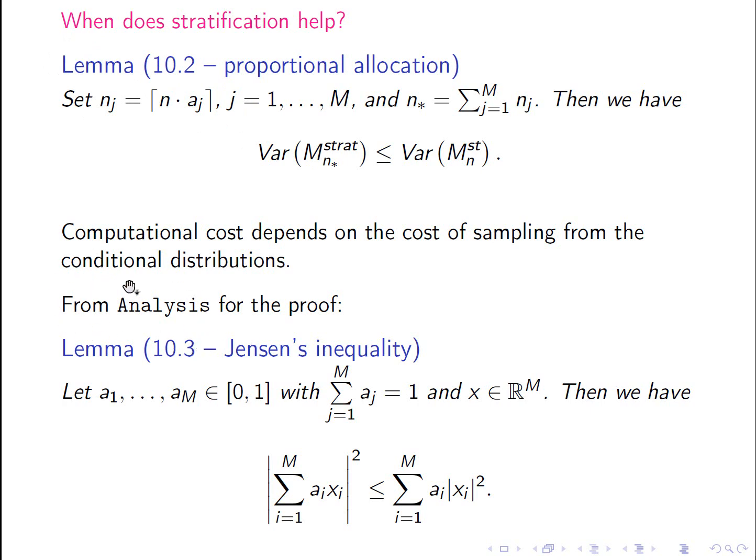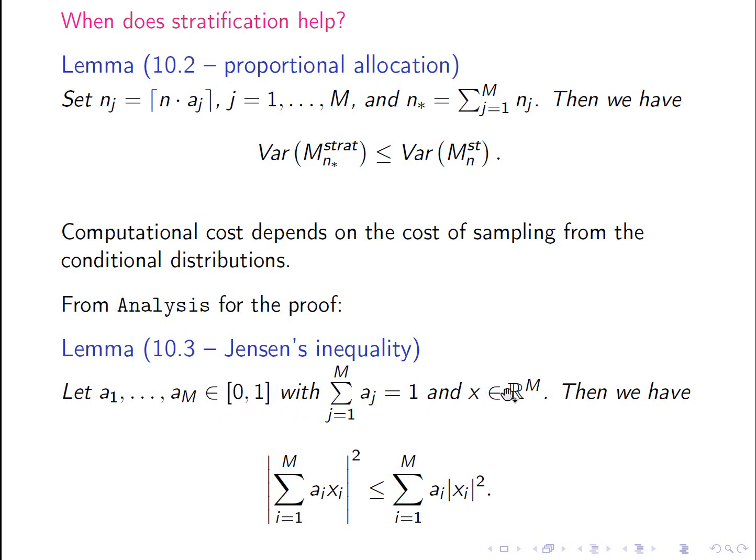And we need a tool from analysis for the proof, which is Jensen's inequality, one of the standard inequalities in analysis. So what we are having here: a_1 up to a_M are numbers between 0 and 1, and if you sum them up you get 1. So you see the a_i's are just probabilities, and all these probabilities add up to 1.